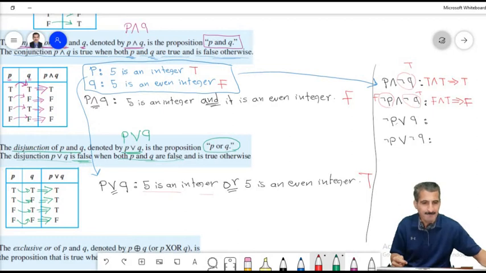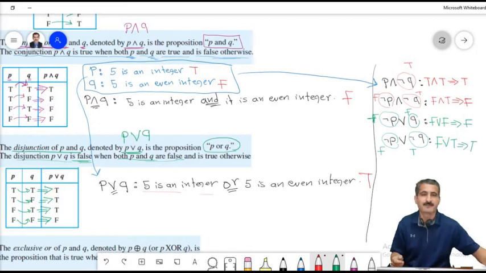Again, not P is false, while Q is false. So we have false or false, that gives us false. Here, not P is false, not Q is true. So we have false or true, and that gives us true. Good? Okay.